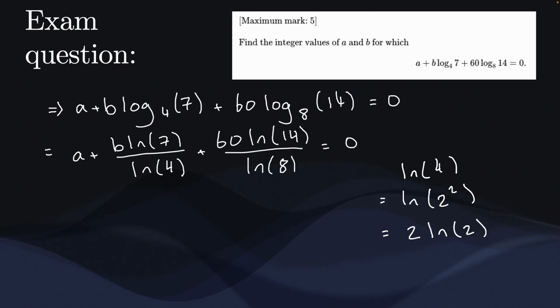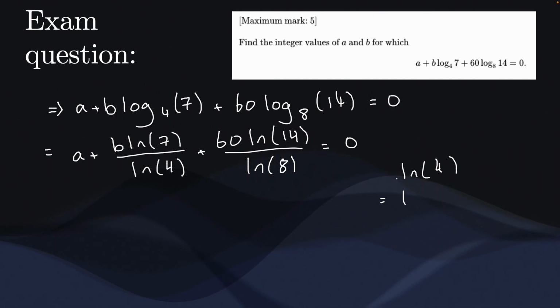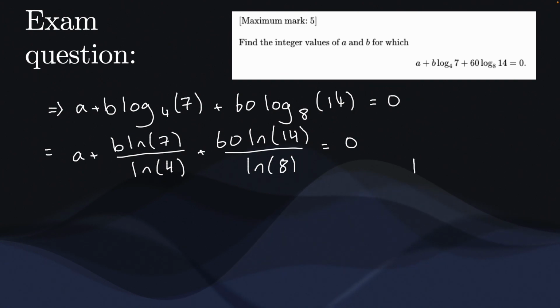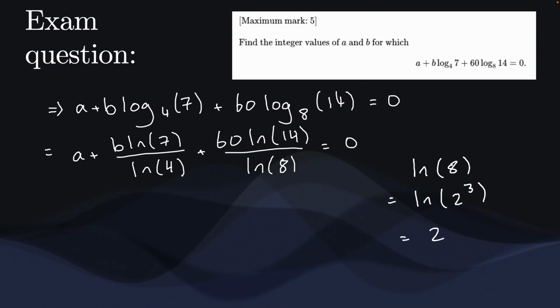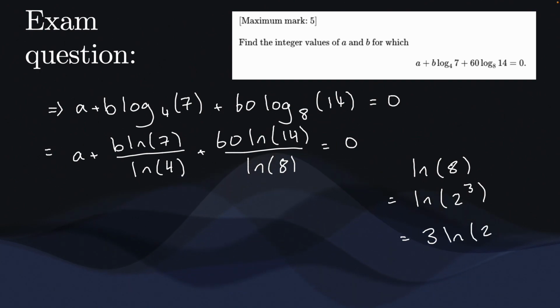So we can make this denominator 2 times ln 2. With 8, well, what's 4 times 2 again? It's 8, right? So 8 is 2 to the power of 3. Therefore ln of 8 is equal to ln of 2 to the power of 3, which is equal to 3 times ln 2.